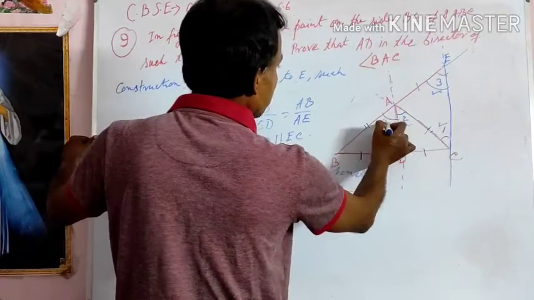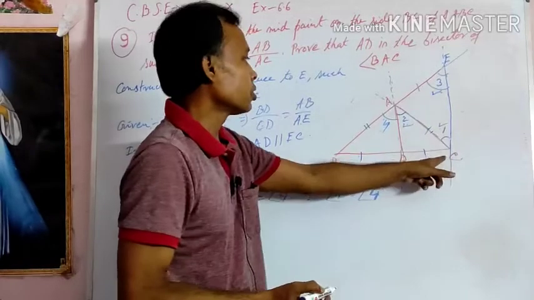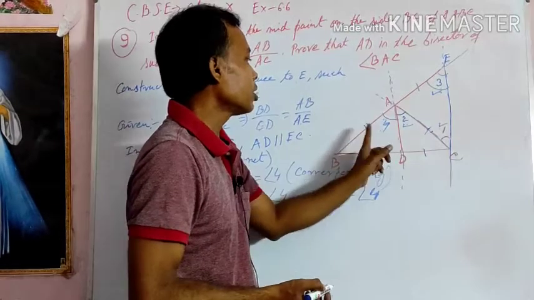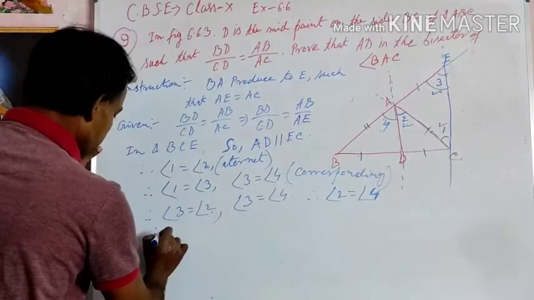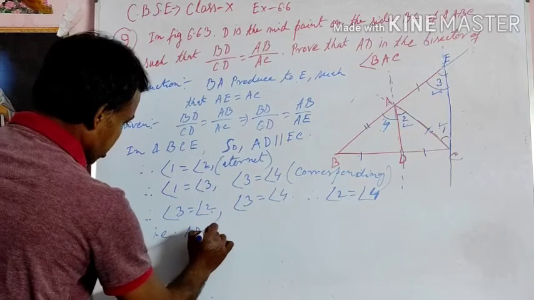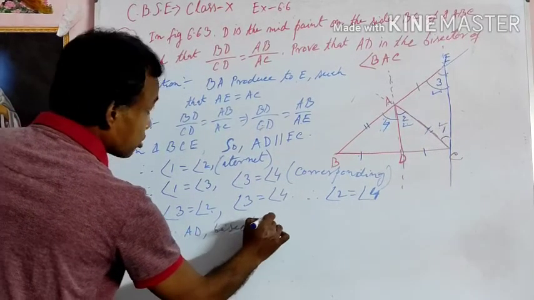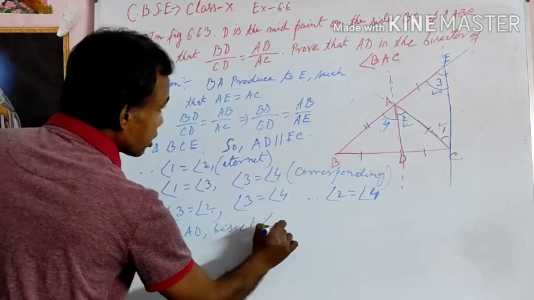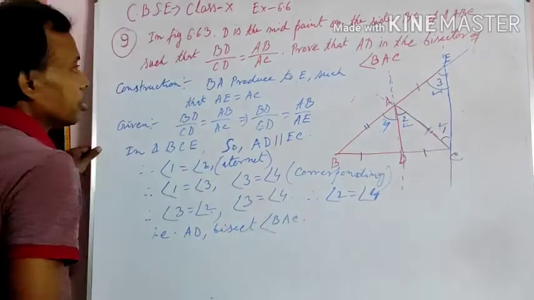This angle is equal to this angle, that is, AD bisects angle BAC.